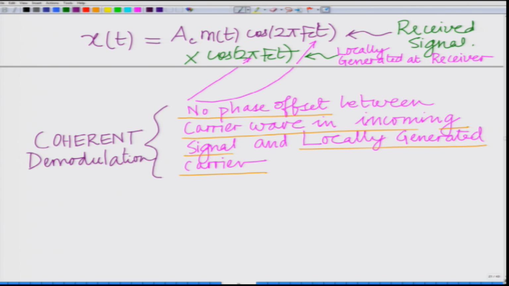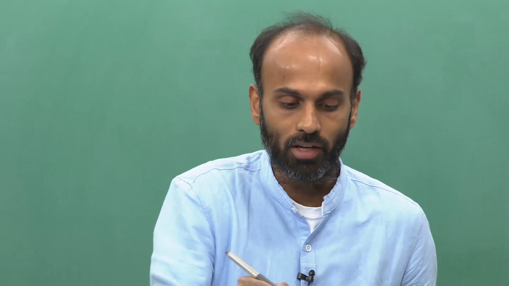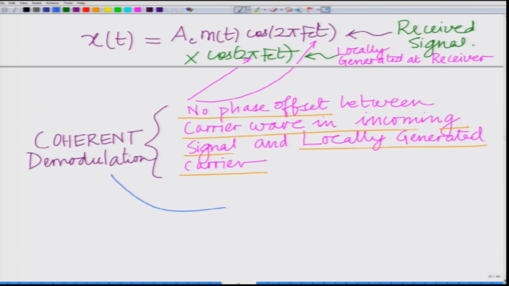Coherence means that something is in line. Coherence basically indicates that the carrier at the receiver is in sync or in tune with the carrier wave of the incoming signal. This is also termed as synchronous demodulation, and probably even a better term is synchronous.